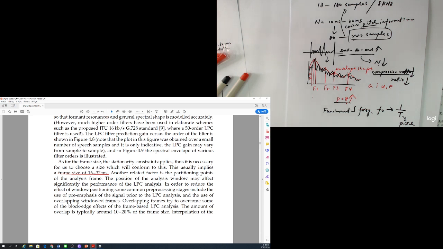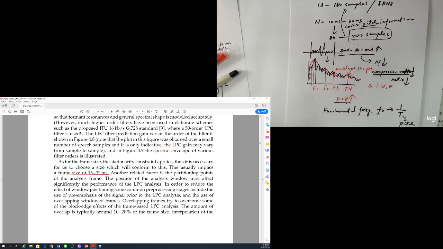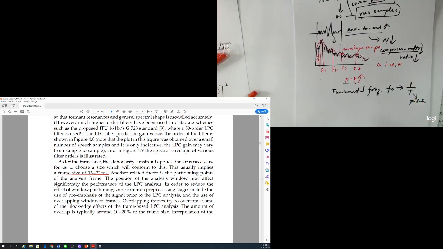However, in speech coding, they do not commonly use overlapping, because if you remember what we did before, we try to window the original signal. If you have an original signal, we try to use a Hamming window.